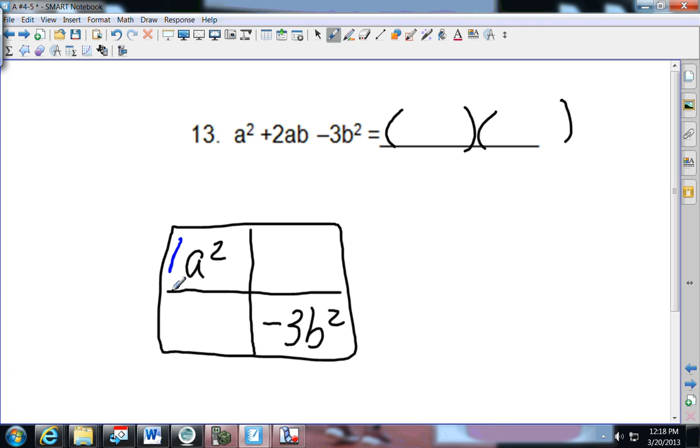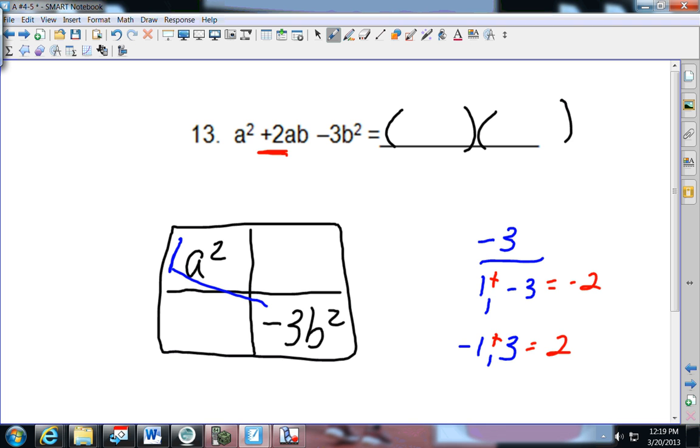The coefficient in front of that a is a 1. 1 times negative 3 is negative 3. The factors of negative 3: 1 and negative 3, or negative 1 and 3. I need the factors that add up together to give me a 2. When I add these together, it gives me negative 2. When I add these together, it gives me a positive 2. These are the factors that I need. So I'm going to put in there a negative 1ab and a 3ab. Where am I getting the ab from? Because that's that middle term.